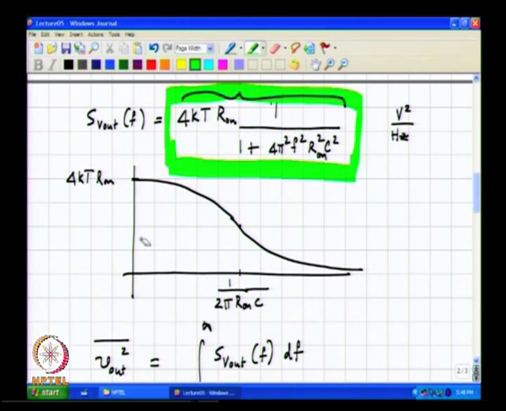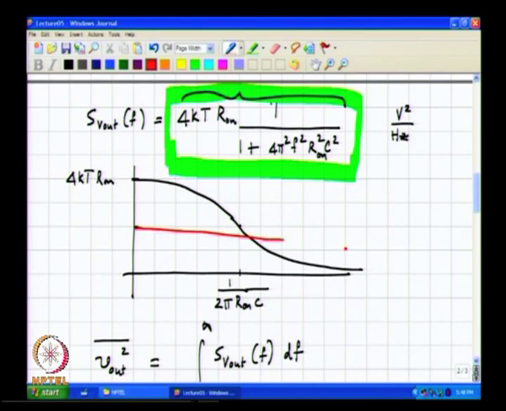One, the peak spectral density is reducing. However, what other effect is there? The bandwidth is increasing. Okay, so the bandwidth has now become twice as it was before.